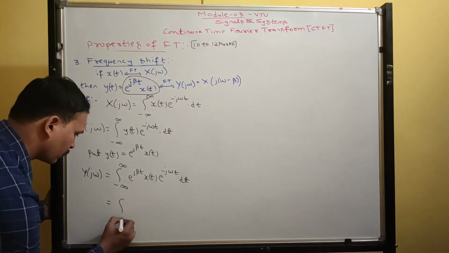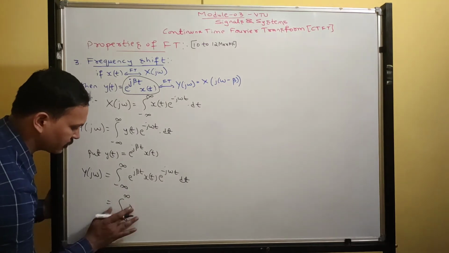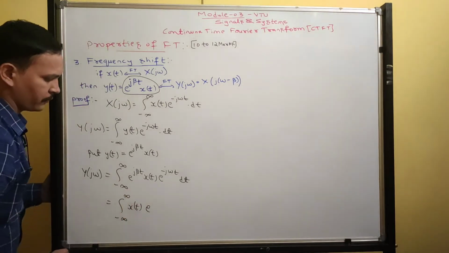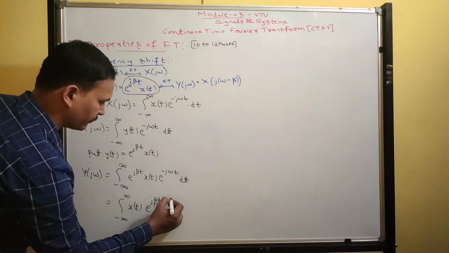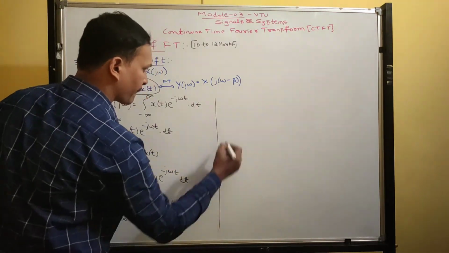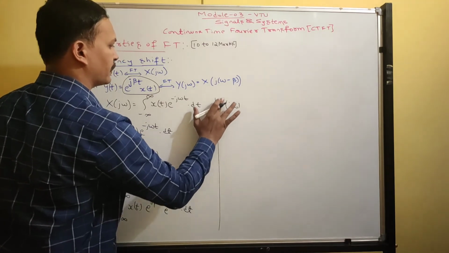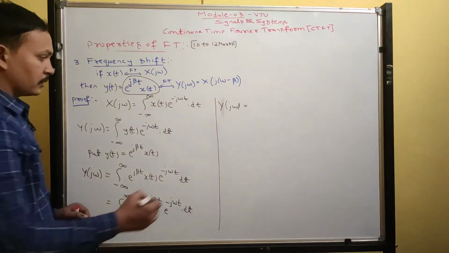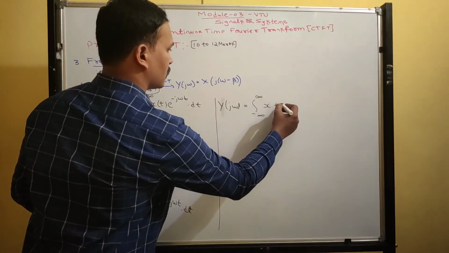Now you can group the exponential terms together: x of t into e to the power of j beta t into e to the power of minus j omega t dt. Next, Y of j omega. Please write capital Y, because a capital letter indicates the frequency spectrum.